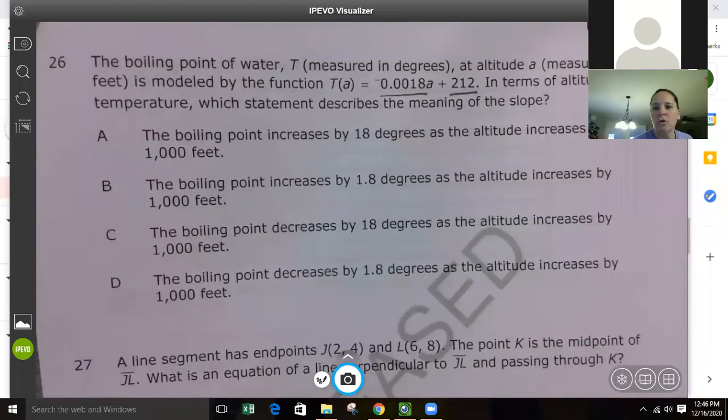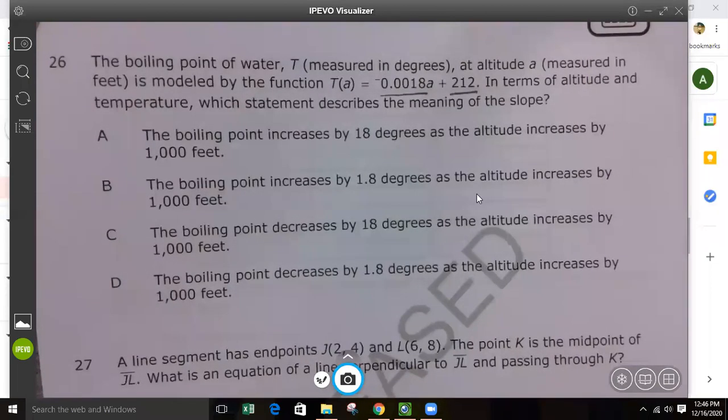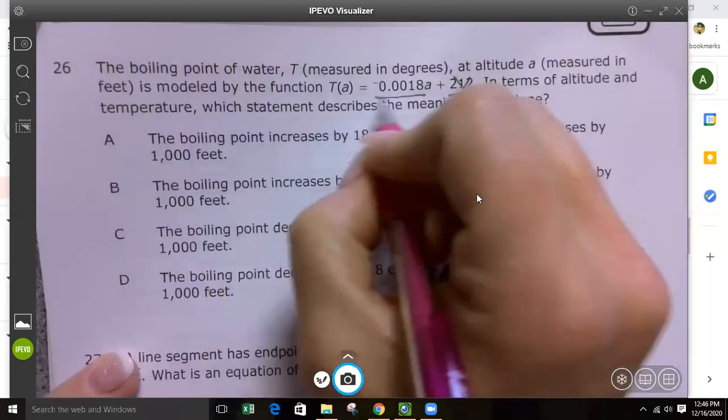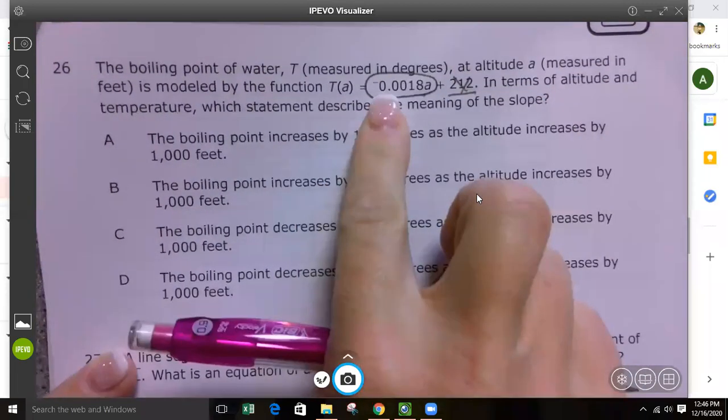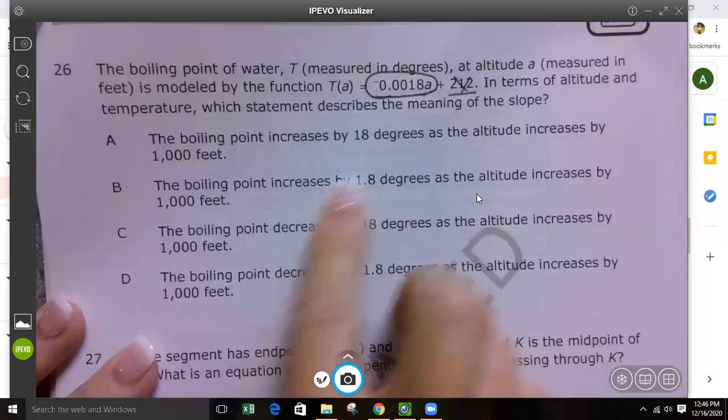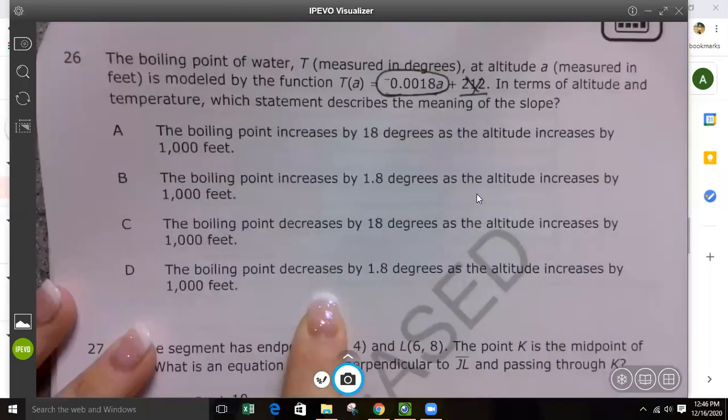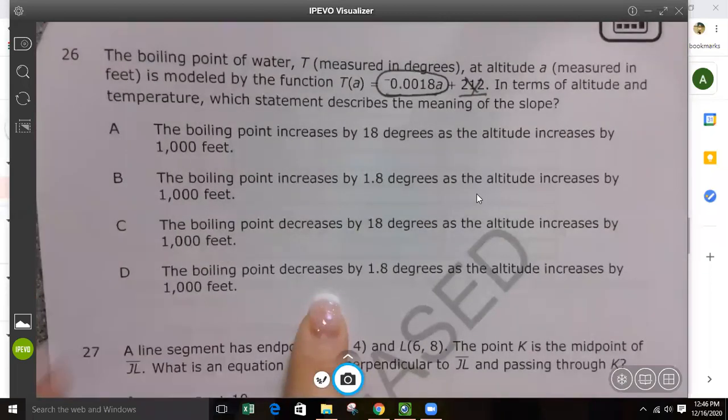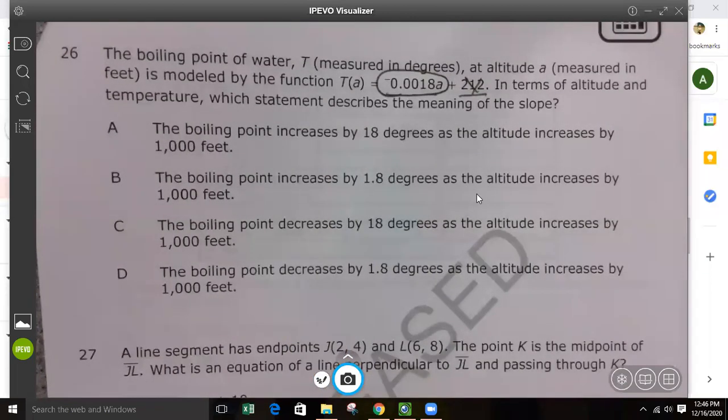Lauren, which one of the two numbers is the slope? Oh, somebody chatted. Just talk. Yeah, the negative 0.0018. Y'all just open your microphone and talk to me. It's not that hard. So it's not this one, but it is this one. It's a negative. Does negative mean increasing or decreasing? This is going to be a long review.